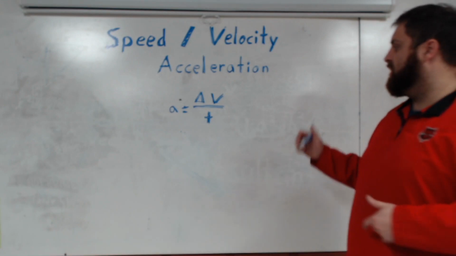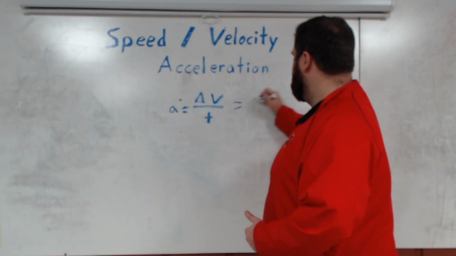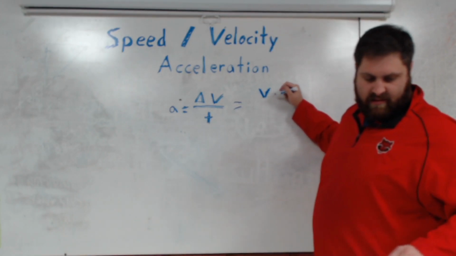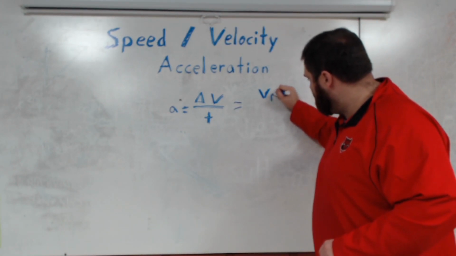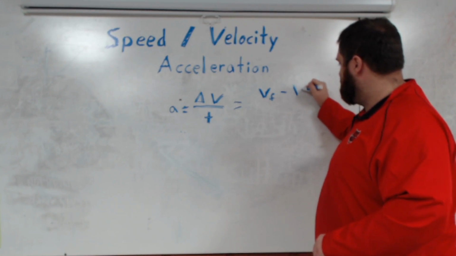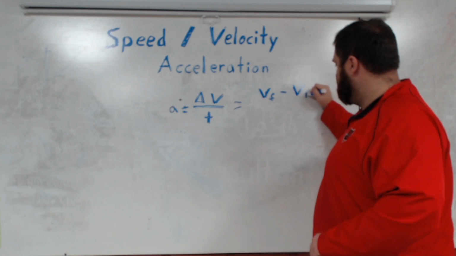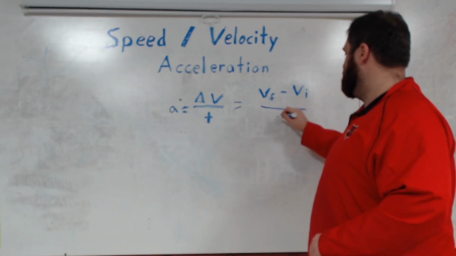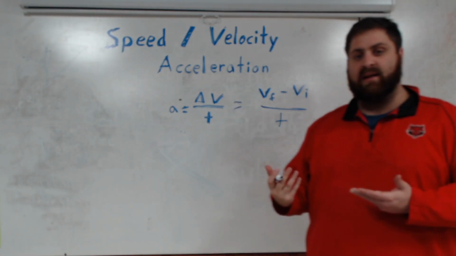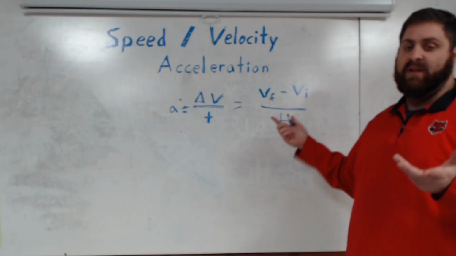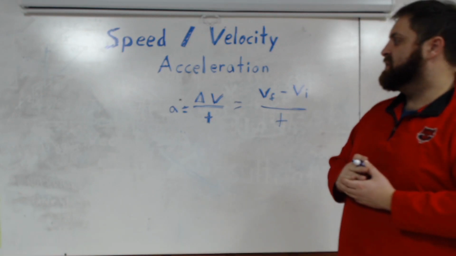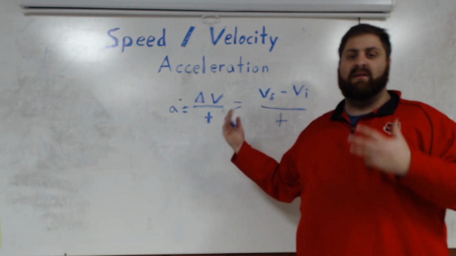If you don't remember, our delta V can be expanded to velocity final minus velocity initial, over time. Velocity final is what speed you end at. Velocity initial is what velocity or speed you begin at. Most of the time, acceleration is positive.